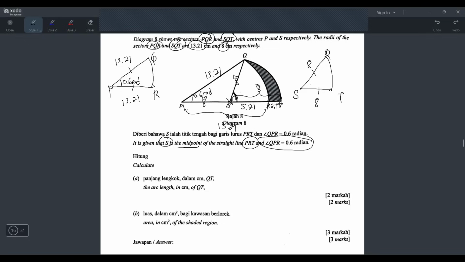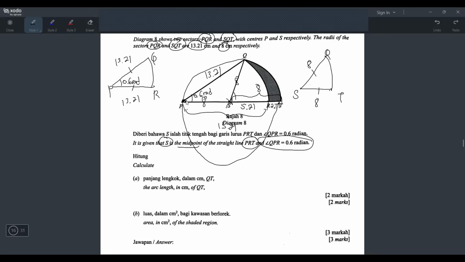Let me tell you why. Wait, actually, yes, can. If I complete this circle, it will look like this, right?